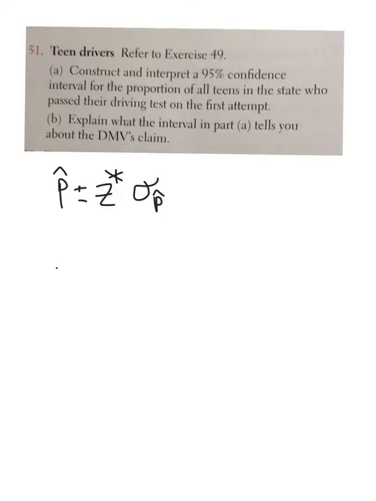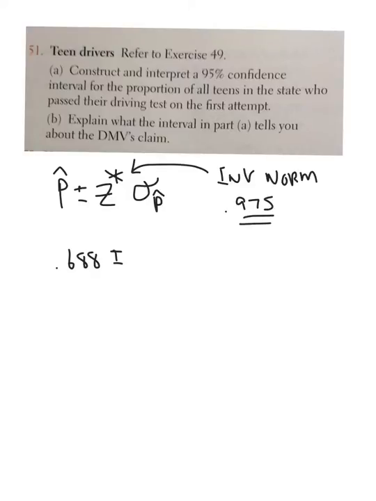So p hat was 0.688 from the previous problem, plus or minus, now remember, we're going to do inverse norm to get this z. 0.975, and it should be 1.96.